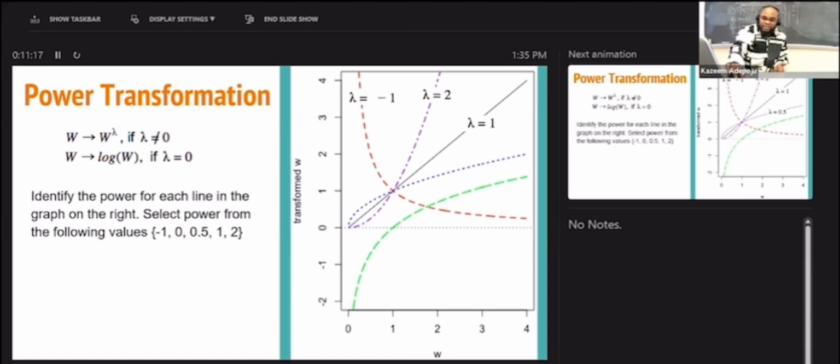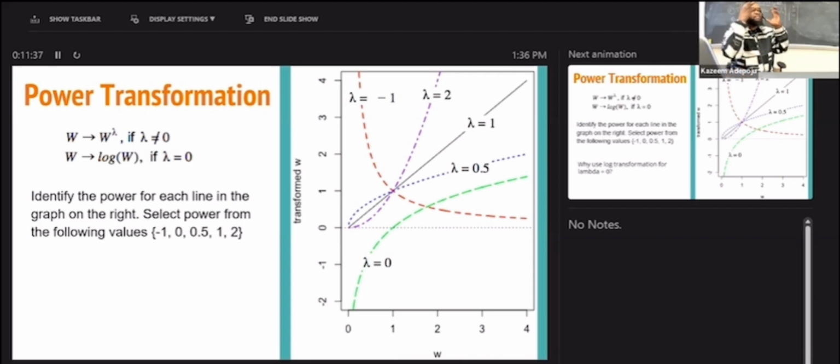When it is 0.5, you're going to have that. 0.5 is indicating a square root transformation. And lambda equal to 0, the green line, is a logarithmic transformation.